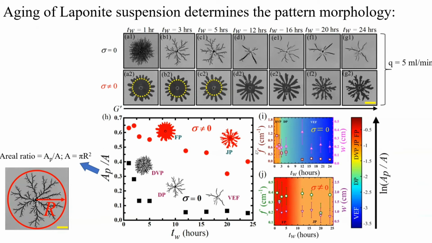Also, we have calculated average branch frequency and average branch width, and we see that average branch frequency is smaller for viscoelastic fractures when compared with the dendritic patterns and dense viscous patterns, and the branch width for immiscible patterns is always more than that for miscible patterns. Here this color bar is based on the logarithmic values of areal ratios, and different colors represent different morphologies.